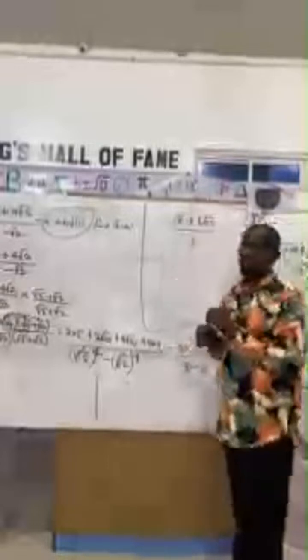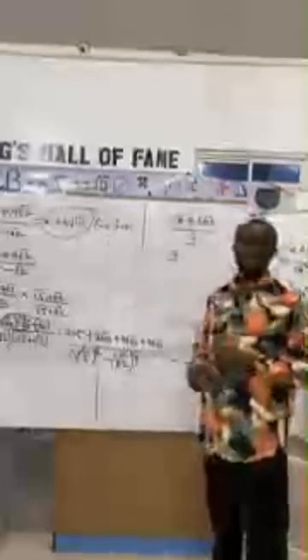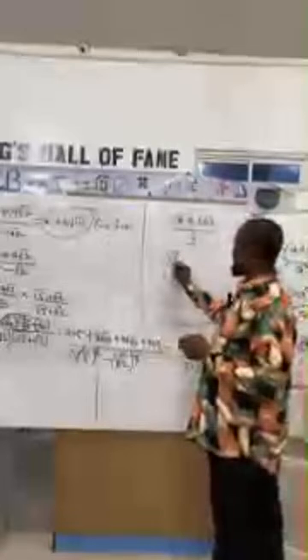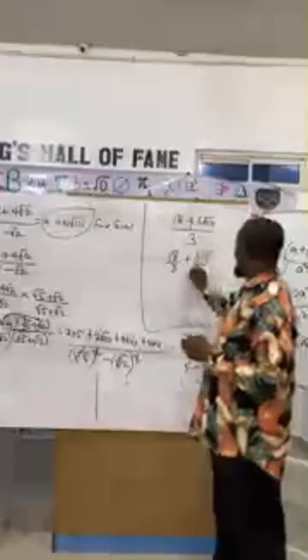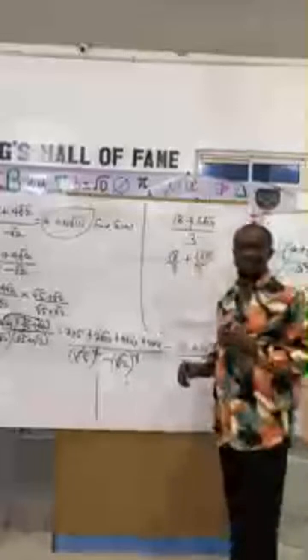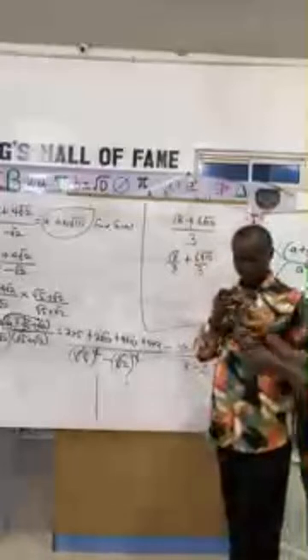There's 3 in 18, there's 3 in 6, have you? Yes. So you can write this by partial fraction: 18 over 3 plus 6 root 10 over 3. Is that right? That's my answer.